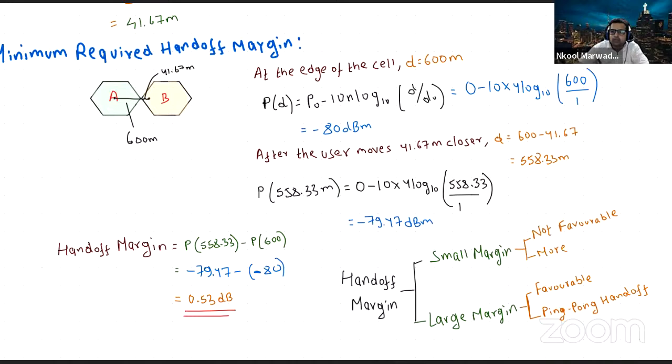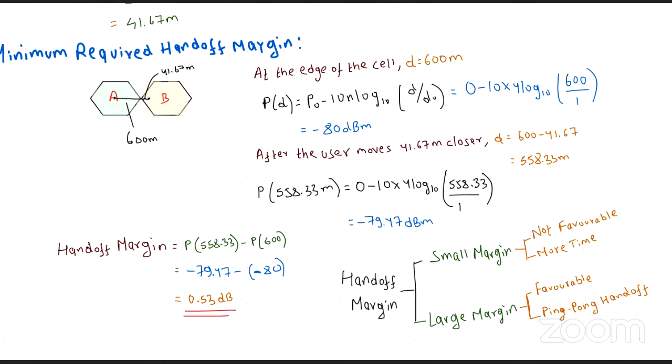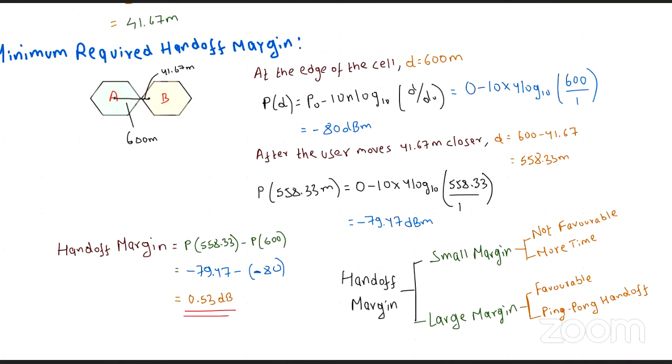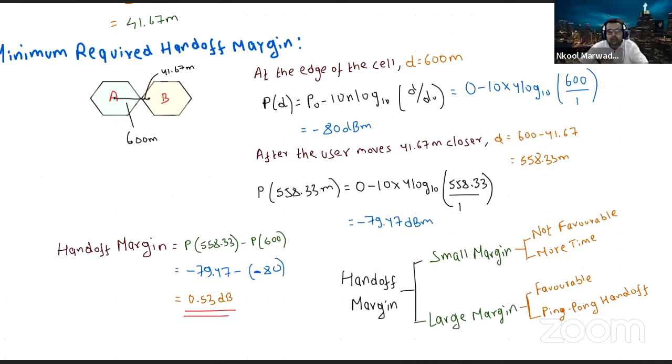And if it takes more time, there will be no handoff because it is still thinking whether to initiate the handoff. Because of that, the call will drop. Ultimately, we will suffer. Why will the call drop? Because we are moving towards B and still receiving the signals of A, which are very weak.